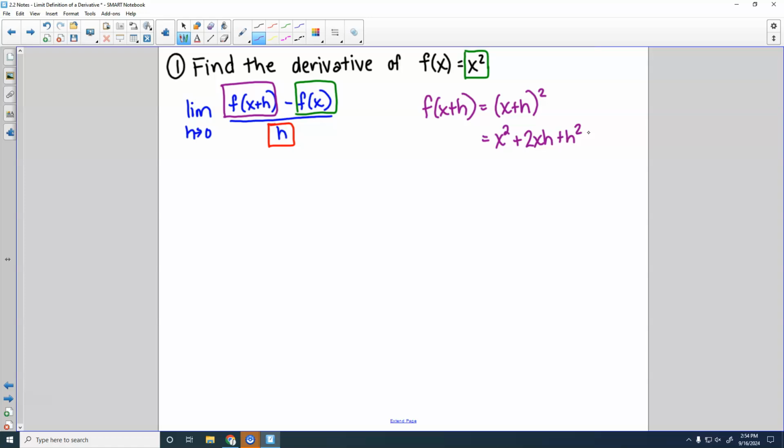So if I plug that stuff into my limit definition of a derivative, I will have x squared plus 2xh plus h squared minus x squared all over h.